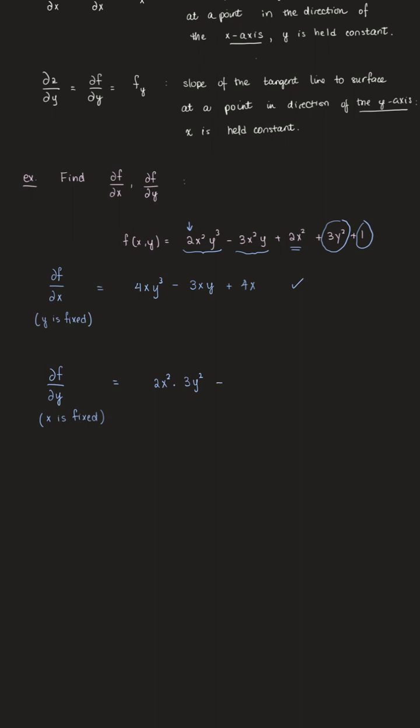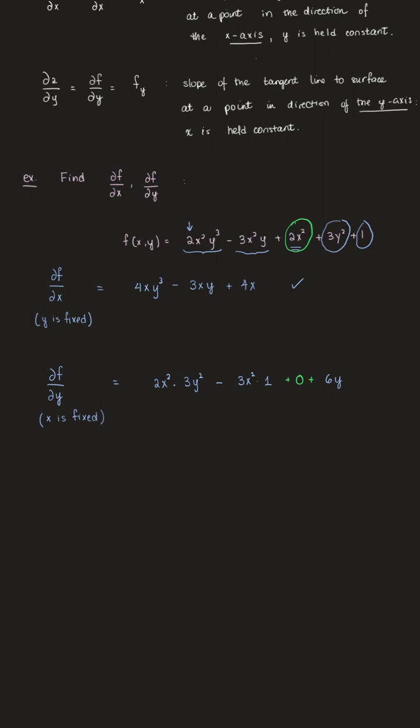Minus, again, 3x squared will be treated like a constant, doesn't change, and the derivative of y is just 1. Now, this next term, 2x squared, it doesn't depend on y at all, so we treat it like a constant, which means its derivative will be 0 with respect to y. I'm going to put that here so that we're explicit about this in this example. And then the derivative of 3y squared will just be 6y.